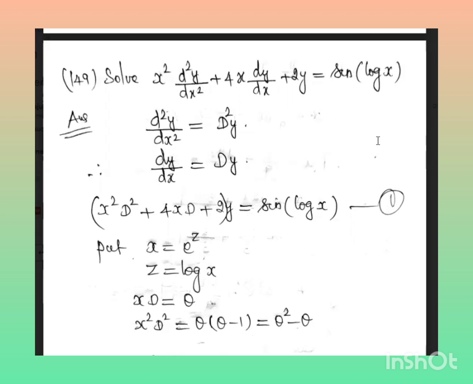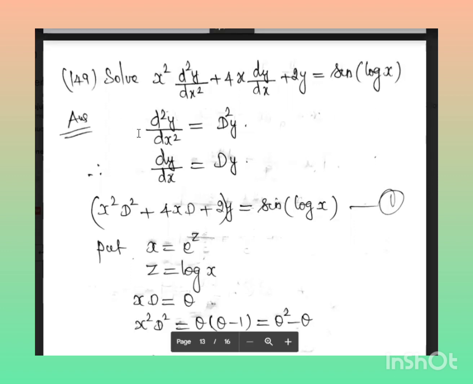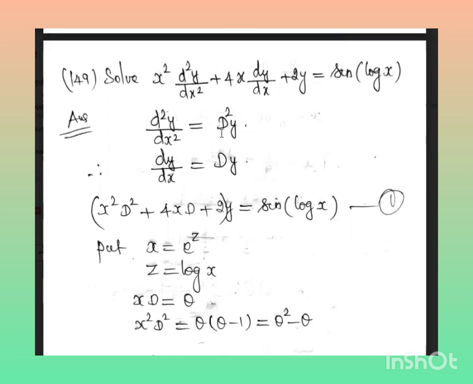So d square y by dx square is equal to capital D square y, and dy by dx is equal to capital D into small y.